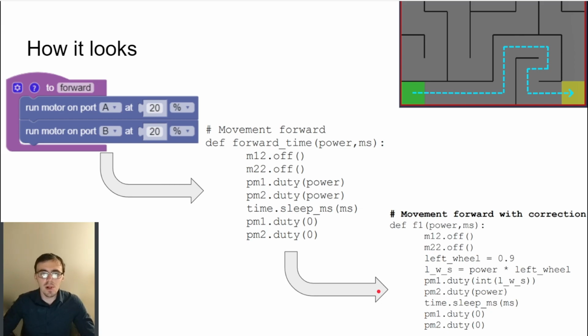In this example, they found that two electric motors in one model have different characteristics, and creators of the robotic system must take into account such features.